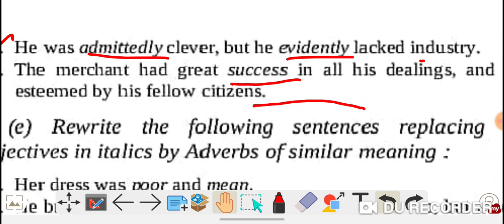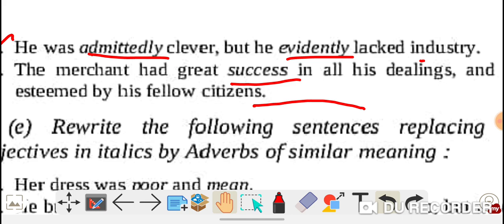The answer is, the merchant was greatly successful in all his dealings, and it was natural that he was esteemed by his fellow citizens. I am repeating again.